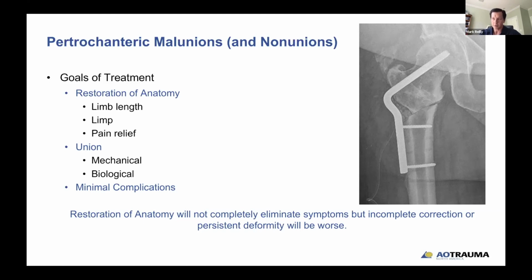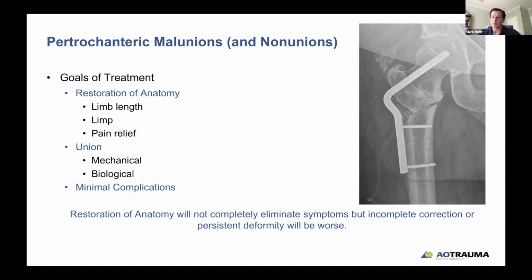From a biological sense, we get fresh cuts that may remove some atrophic or avascular bone, and done well, an osteotomy gives us the opportunity to compress two broad surfaces under strong compression and achieve union, hopefully with minimal complications.